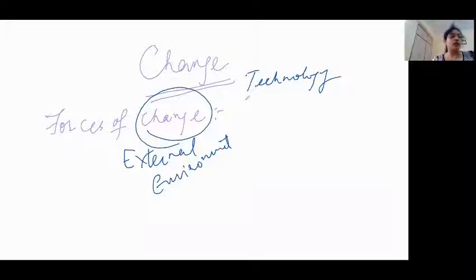Technology may include re-engineering, it may include quality initiatives, it may include information technology, it may be digitalization, it may be artificial intelligence, which is very much influencing the organization dynamics in today's business scenario, right? So that's technology.